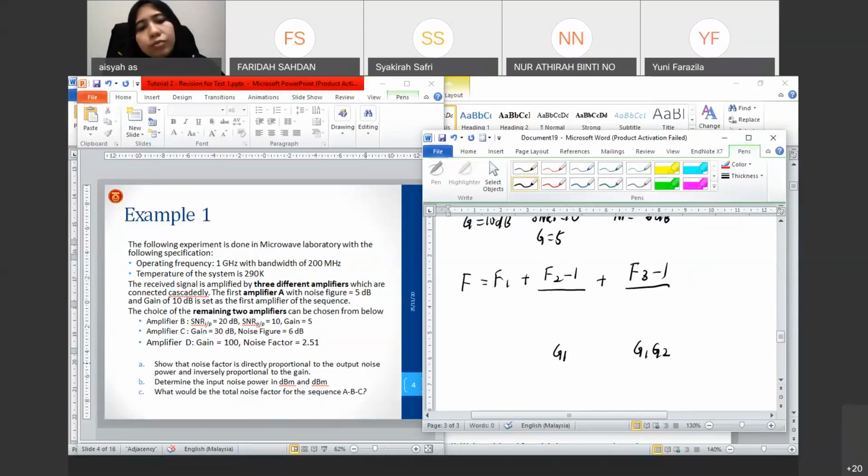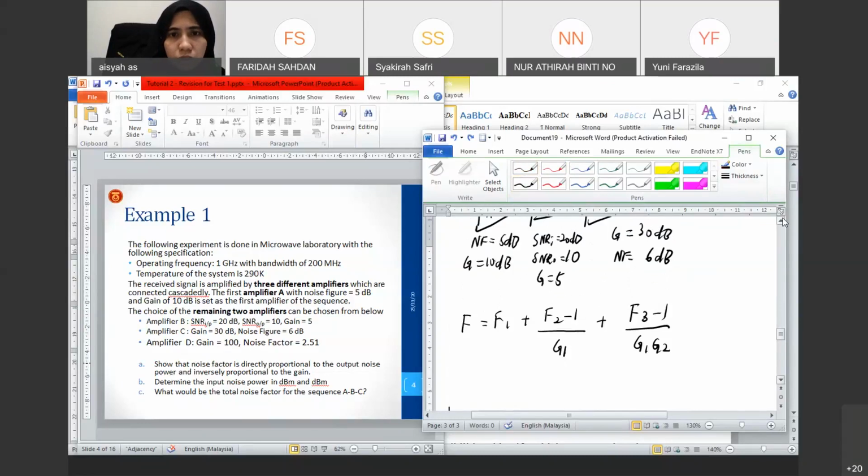So you need to change the dB values. For F1, you get it from the first: NF1 equal to 5 dB, and then F1 equals 10 to the power of 5 over 10.